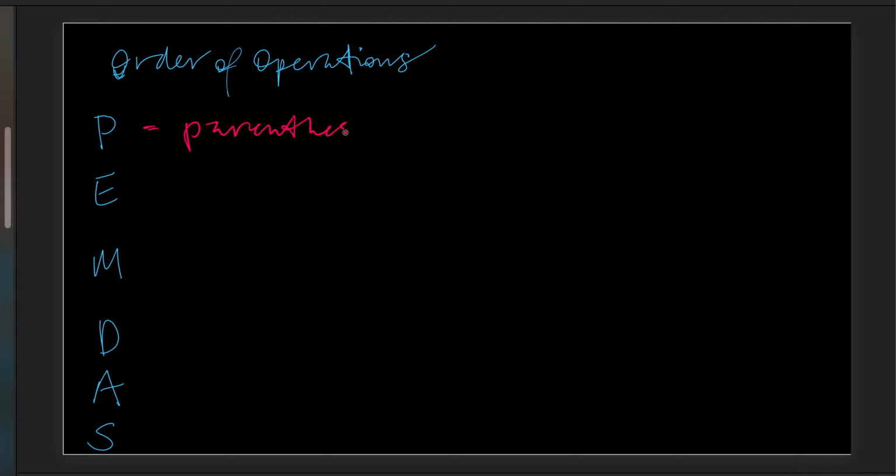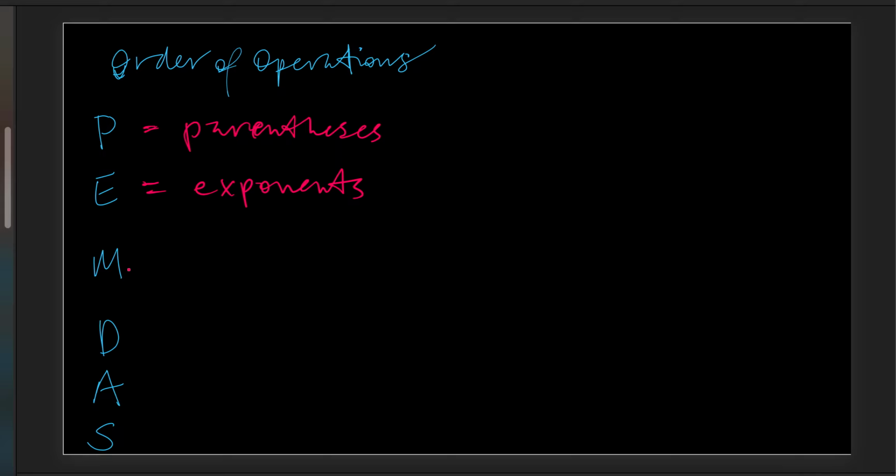When you're given an expression to evaluate, or an equation, you look for parentheses. Anything in parentheses, you evaluate first. E is for exponents. Next, anything with an exponent needs to be evaluated.